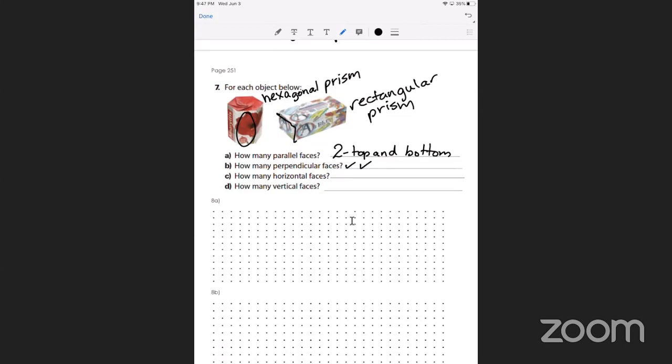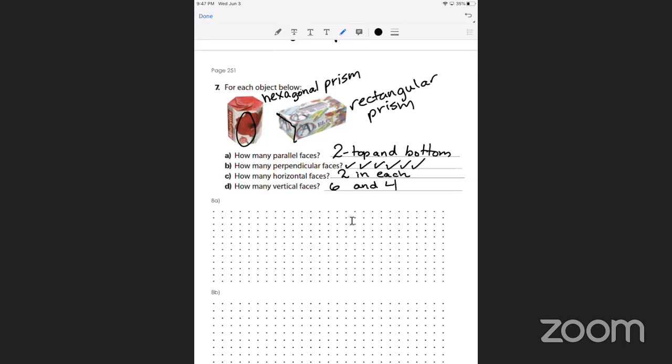The bottom and this end is one, and the top and this end. The bottom and that end. So I believe there are 6 perpendicular faces. How many horizontal faces? There's 2 in each. How many vertical faces? 6 and 4.